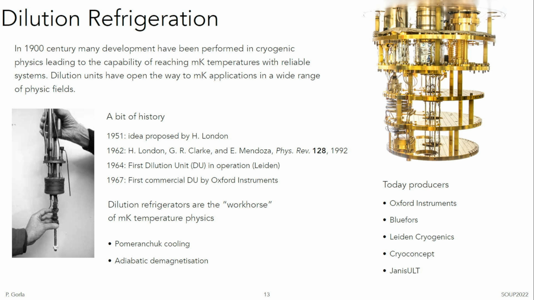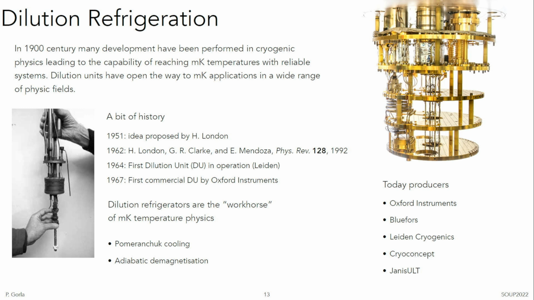In the last century, many developments have been made in cryogenic physics, and many ways of lowering temperature have been explored, but dilution units have been the real step forward with respect to what people were using before, like adiabatic demagnetization systems and what is called Pomeranchuk cooling, because this kind of device not only allows you to reach extremely low temperature, but also to keep this temperature stable over time.